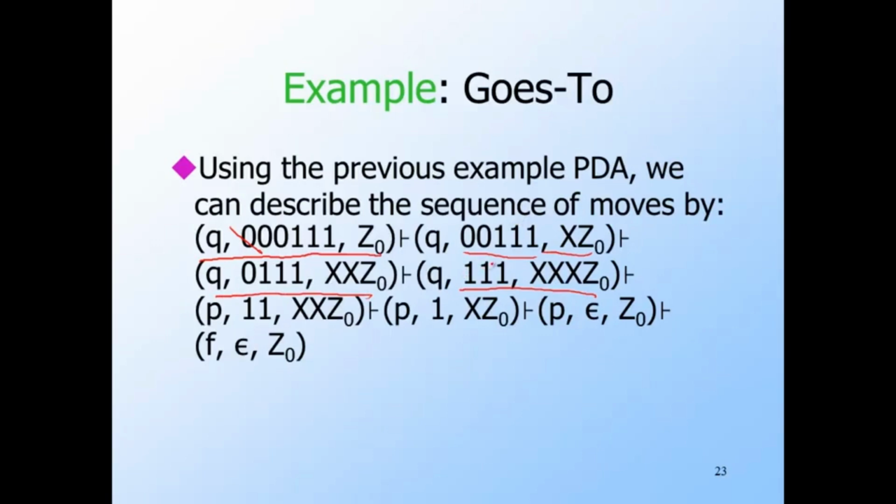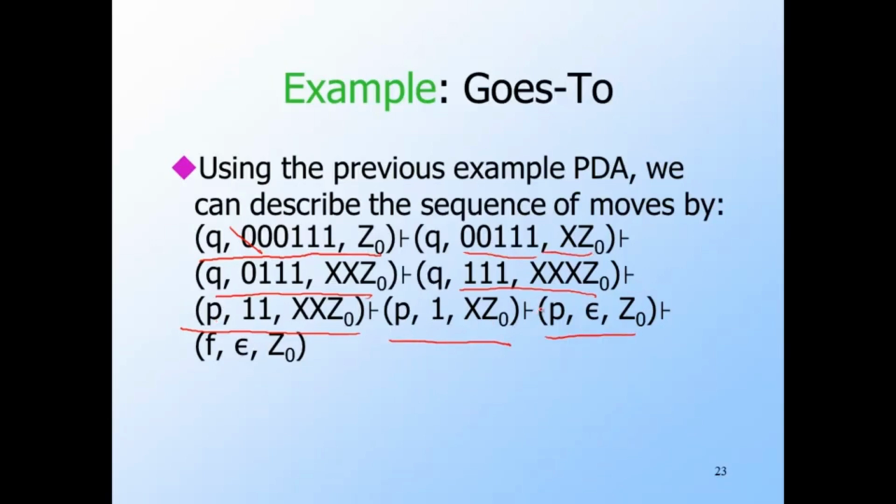Okay. Next, because the next input is 1, the state becomes P and the 1 is removed from the input. Also an X is popped, okay, and that explains that ID. And 2 more moves pop the remaining X's. It's that and that.